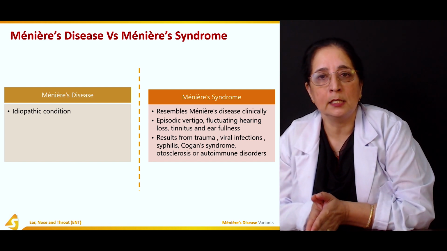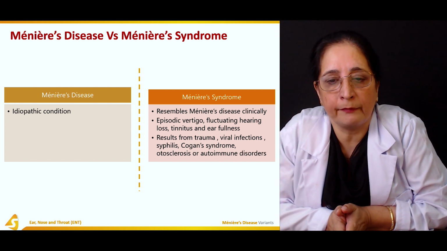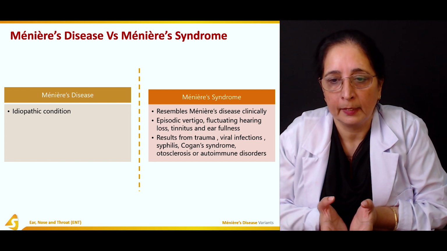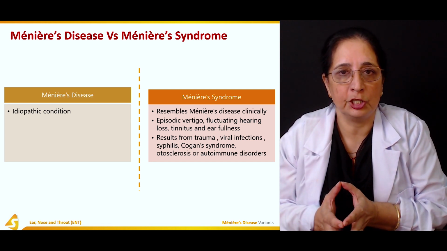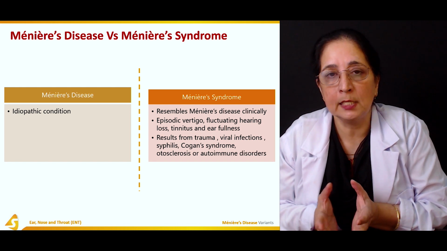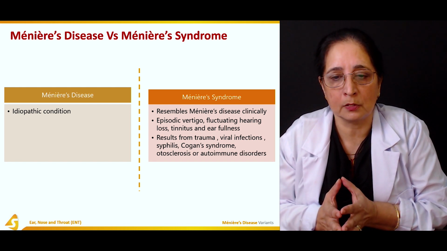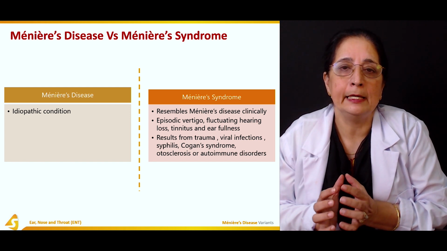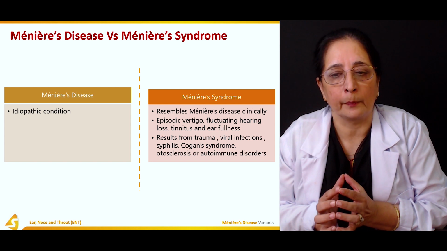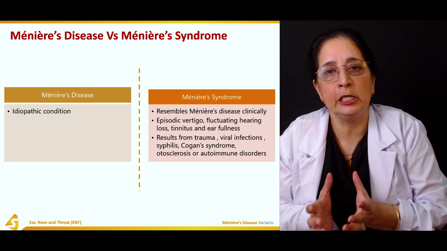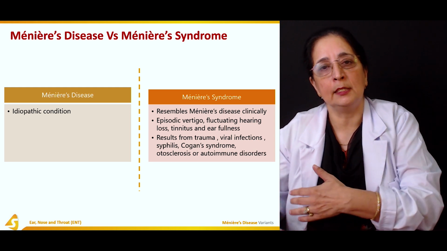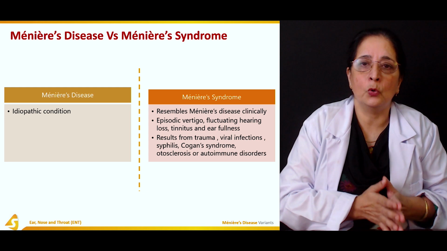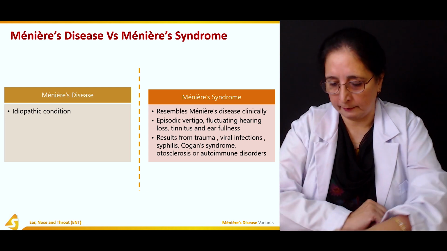The other one is associated with causative factors, which are usually trauma or injury. Then we have different viral infections, syphilis, Cogan syndrome, otosclerosis, or autoimmune disorders that can lead to Meniere syndrome. So syndrome is a condition associated with some other factors, but in disease there are no known causative factors.